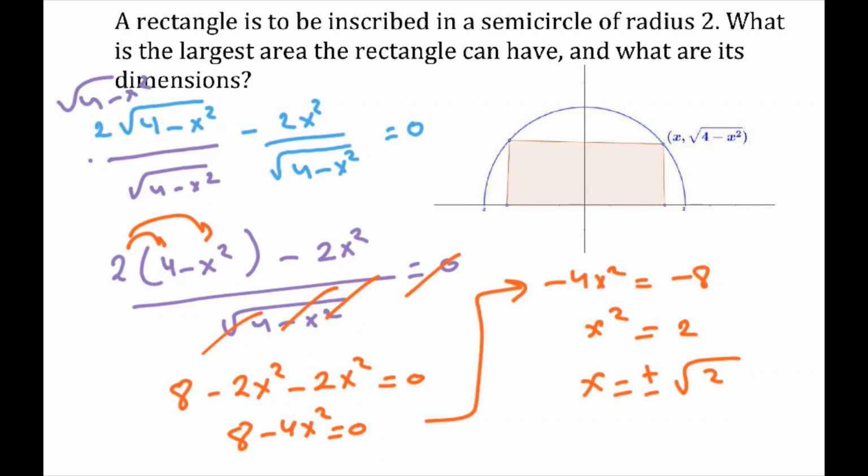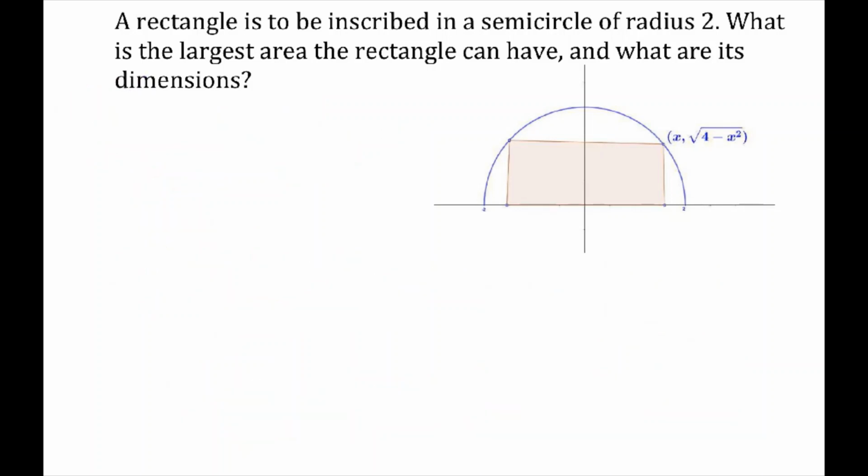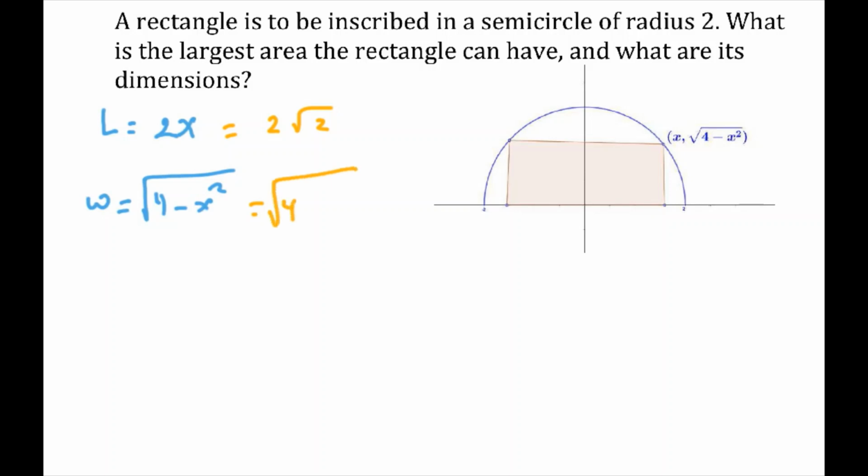So the width is 2x, which is 2 square root of 2, and the length is the square root of 4 minus x squared, so the square root of 4 minus the square root of 2 squared.